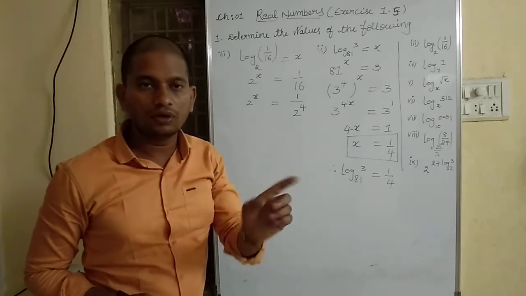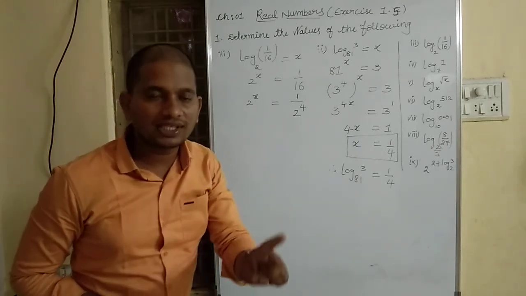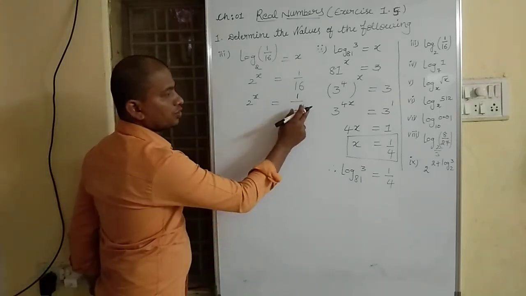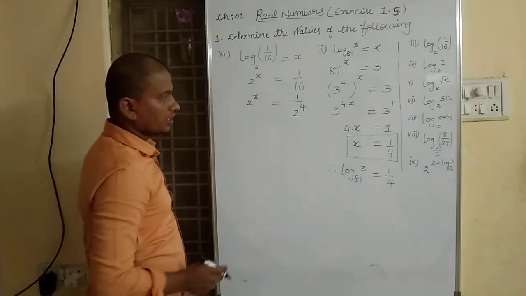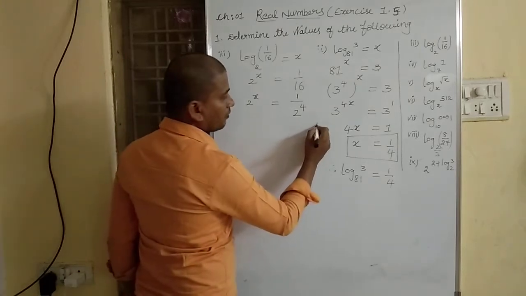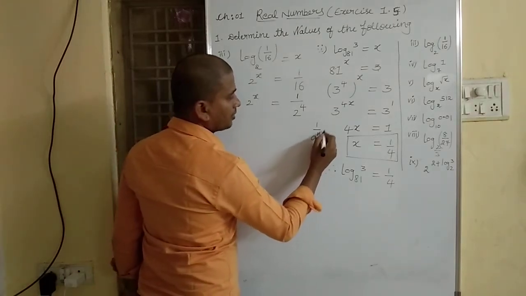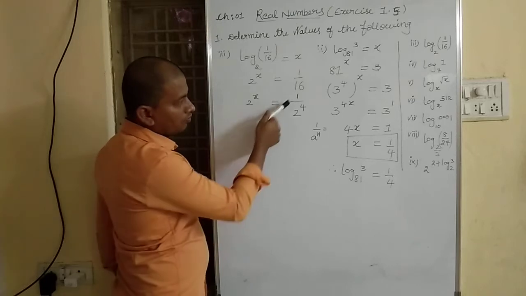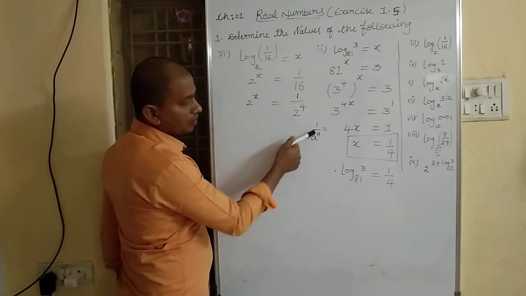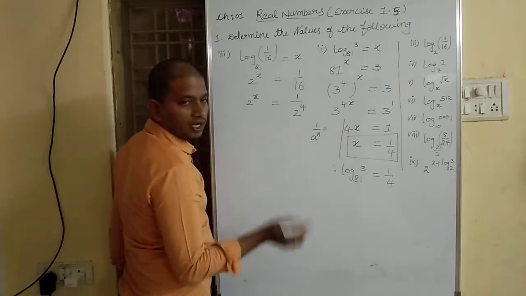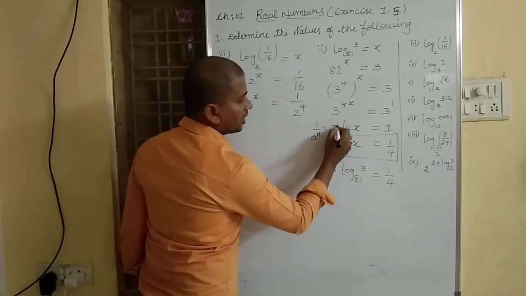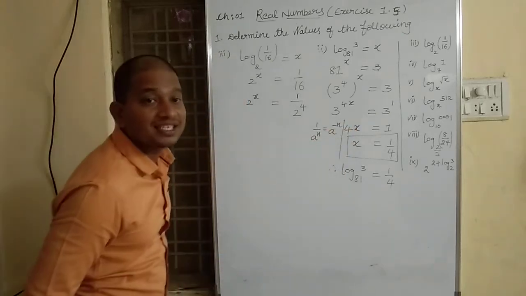2 into 2 is 4, 4 into 2 is 8, 8 into 2 is 16. I can write it as 2 raised to the power 4. You can observe here, it is in the form of 1 by a power n. 1 by a power n I can write as a to the power minus n.